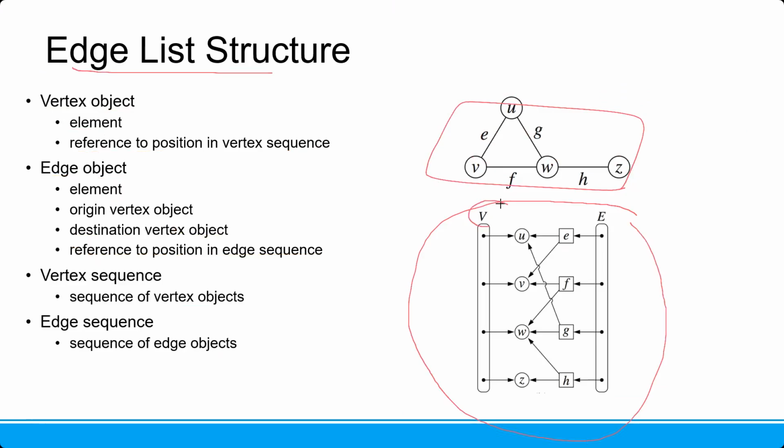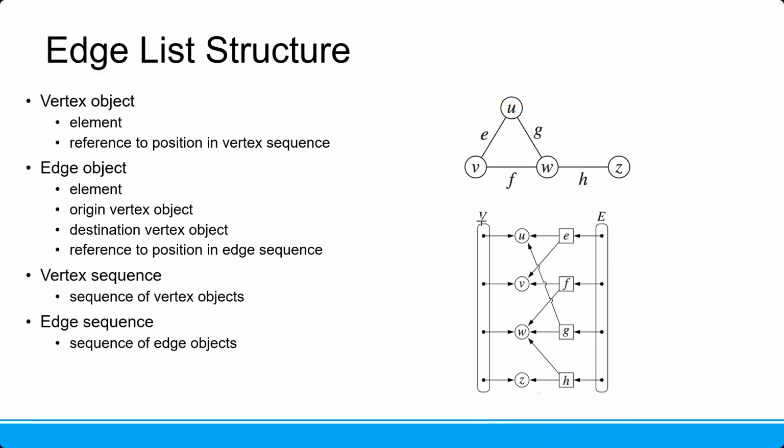So we prepare V and we prepare E. V is a sequence. What is the sequence? We have u, v, w, and z. For the edges, E, we have e, f, g, and h.